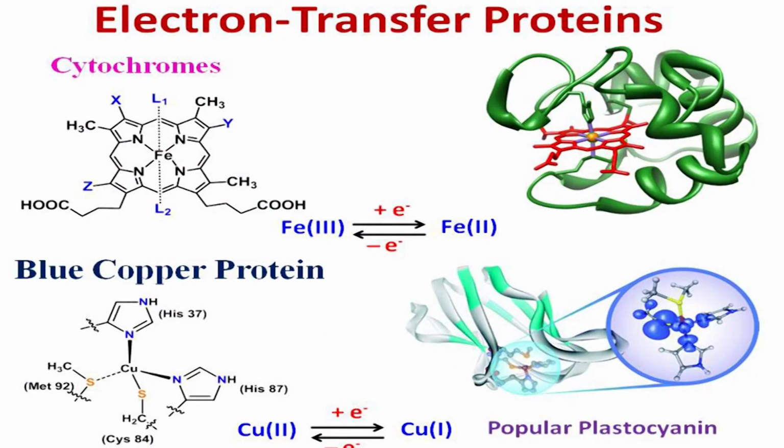Some of these electron transfer proteins I have displayed over here. For example, cytochromes: you can see that it is a heme protein with two different axial ligands, and it is responsible for electron transfer like iron 3 converting to iron 2 and iron 2 converting to iron 3. Blue copper protein is a copper containing protein which is responsible for electron transfer, like copper 2 converting to copper 1 and copper 1 releasing an electron to convert to copper 2.